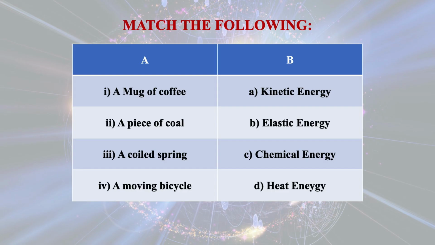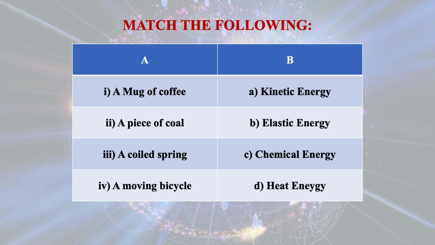And in column B, the 4 types of energies are given: A, kinetic energy, B, elastic energy, C, chemical energy, and D, heat energy. Now we have to see which is matching what.